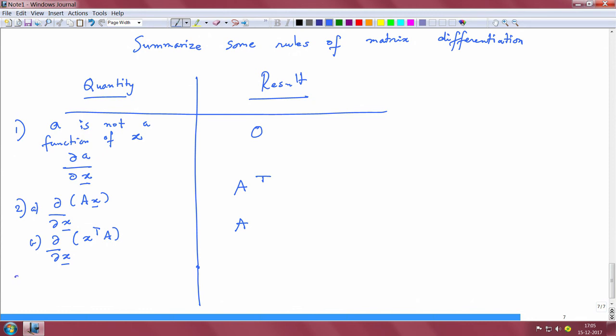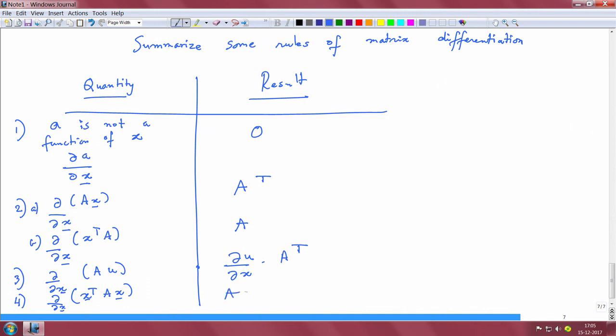Then ∂ upon ∂x of A times u, where u is some function of x and A is a constant matrix, you get ∂u upon ∂x times A transpose. Then we have this important result, ∂ of x transpose Ax upon ∂x.